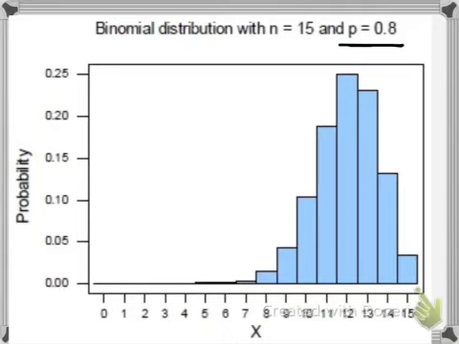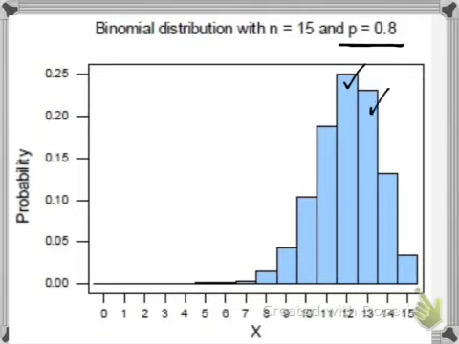The chances of getting lots out of the 15 landing on sector A is quite high. So see here, 12 out of 15 times, it's nearly a 1 in 4 chance of it landing on that sector A 12 out of the 15 times.